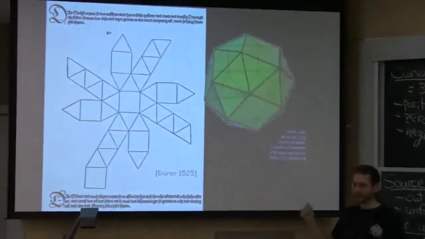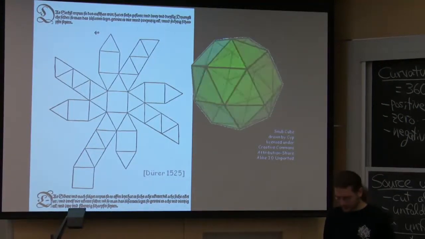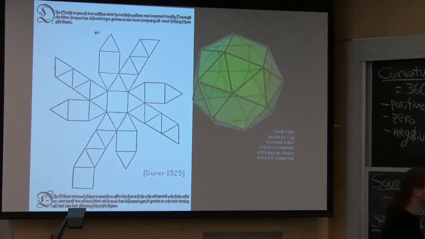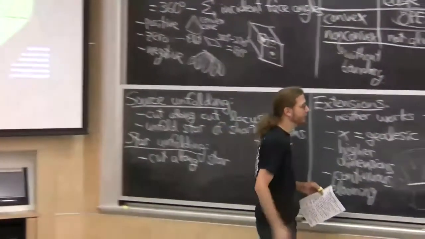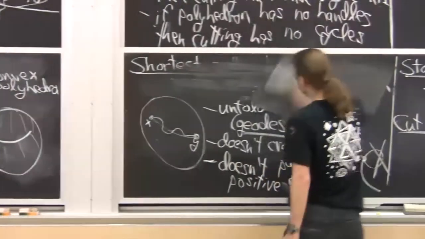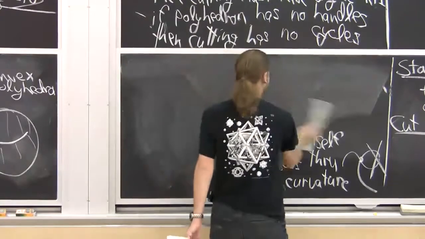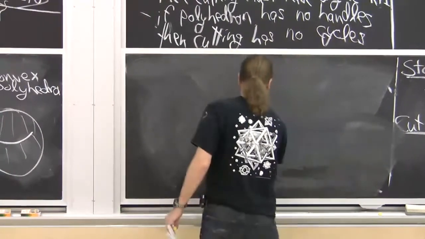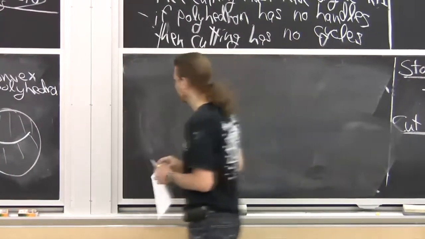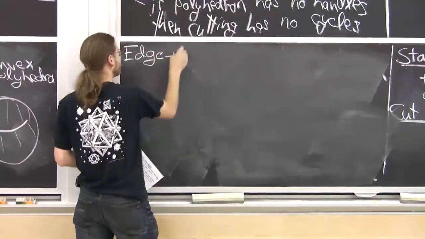Does every convex polyhedron have an edge unfolding? All right. So what can I tell you about this problem? It's hard. Many people have thought about it. I'm not really sure that it's possible. A lot of people do, though.